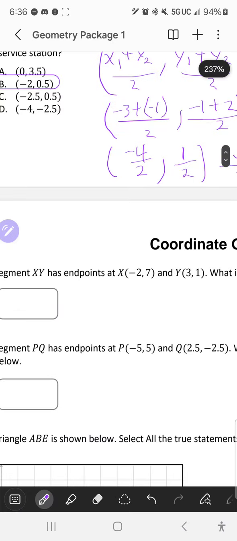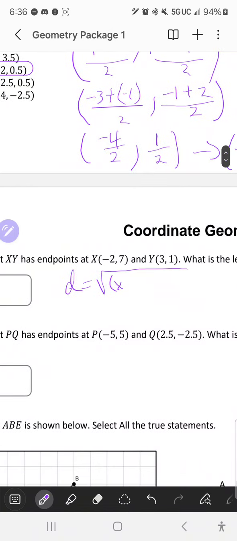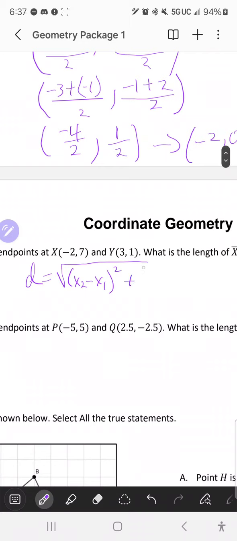So basically the distance formula is equal to the square root of x2 minus x1 squared, plus y2 minus y1 squared.